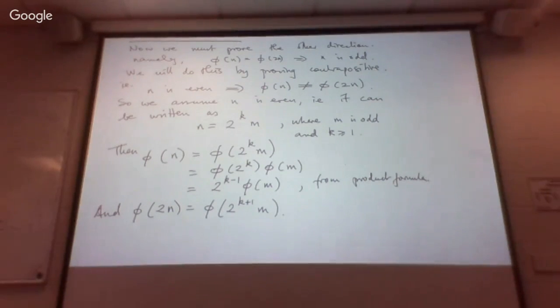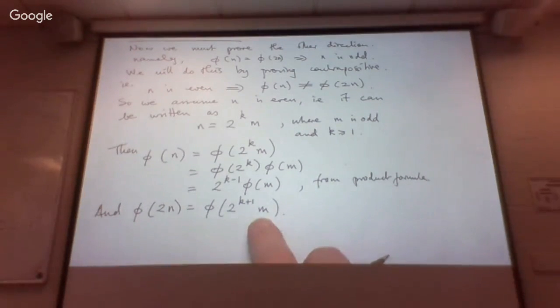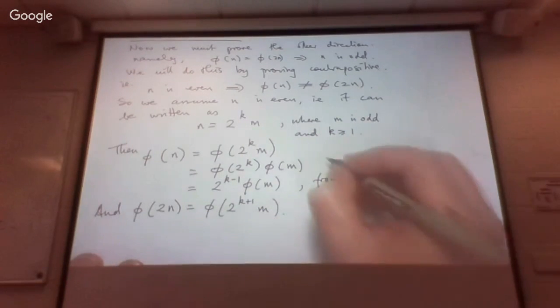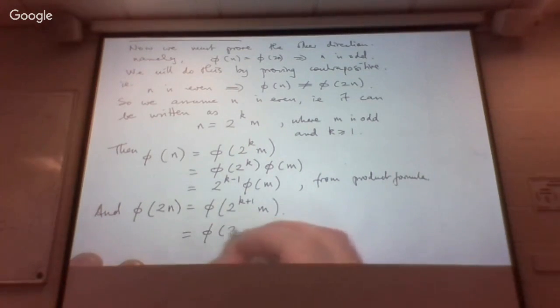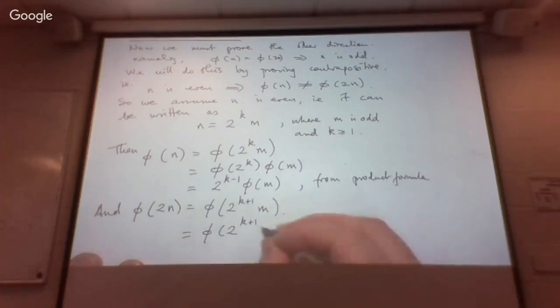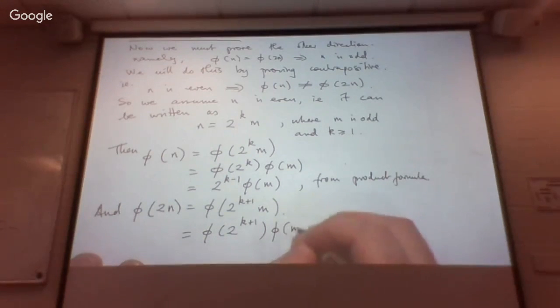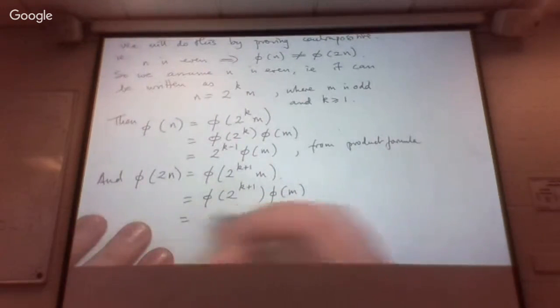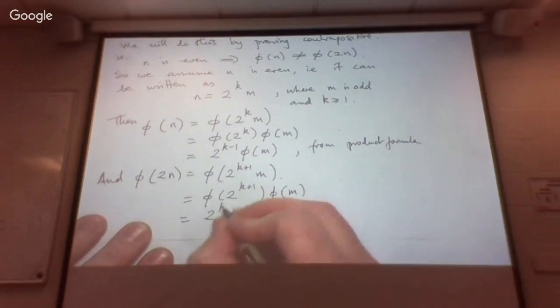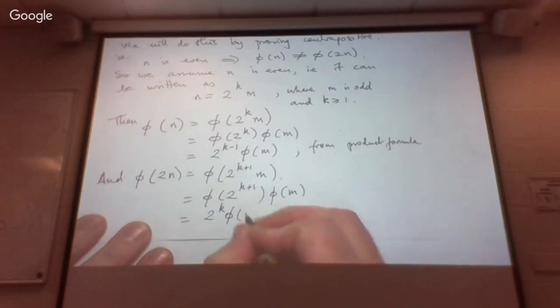But again, these are products of coprime factors. m is odd. It's not divisible by 2, so the greatest common divisor of these two factors is 1. So you can write this as phi of 2 to the k plus 1 times phi of m. Again, using the product formula, this is 2 to the k times phi of m.